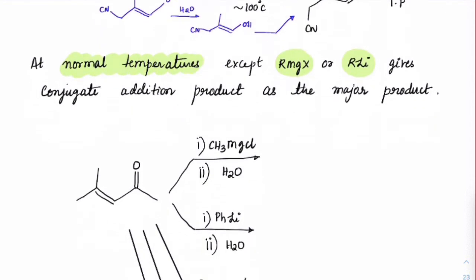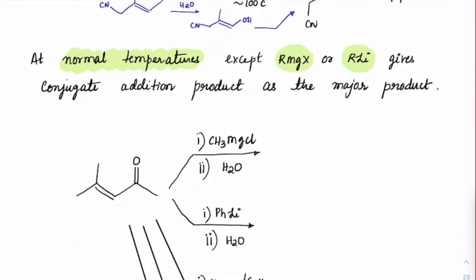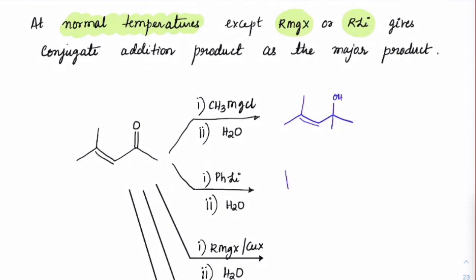For instance, if you take CH3MgBr here, the product formation, without disturbing this double bond, would be OH and methyl. This is the final product. Same is the case with PhLi here. We will get OH and Ph here. This is the product formation.